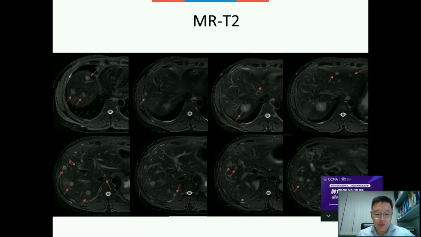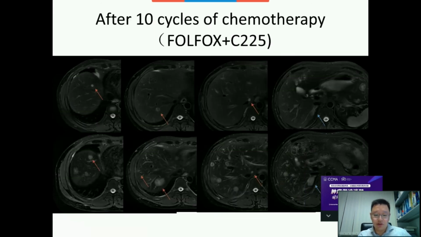So baseline examination revealed a total of 17 lesions in the liver and the right adrenal gland, which were initially unresectable and non-NED. But after 10 cycles of chemotherapy, FOLFOX plus C225, only 3 liver lesions and right adrenal gland metastasis can be shown in MRI images.